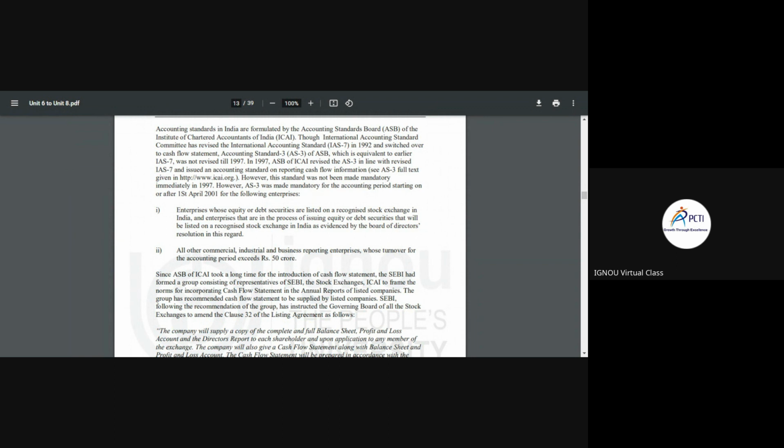And all other commercial, industrial, business reporting enterprises whose turnover for the accounting period exceeds rupees 50 crore, those enterprises need to maintain cash flow statements.